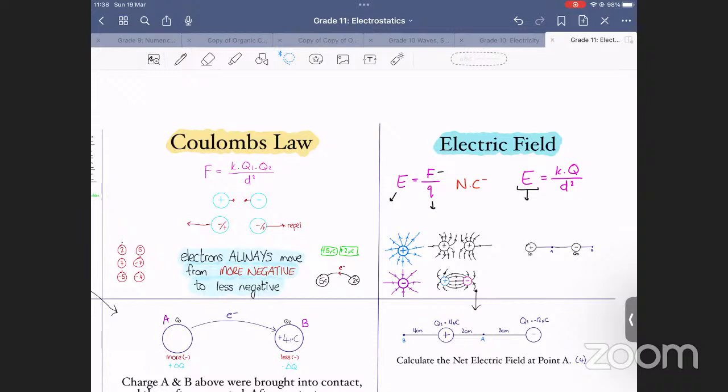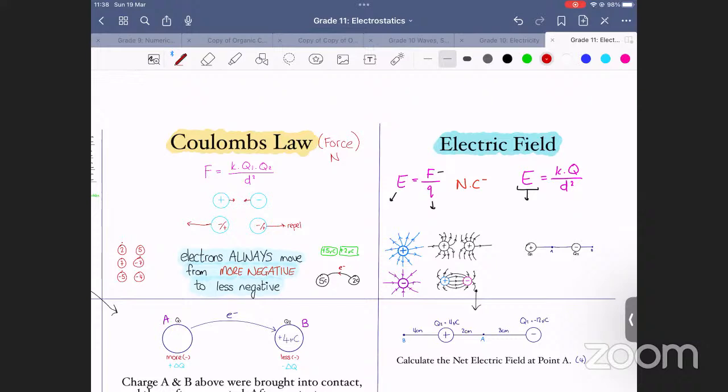So Coulomb's law, firstly, is a force. It is a force in newtons. An electric field is literally just an electric field. It is what it says it is. It has different units, newtons per coulomb.